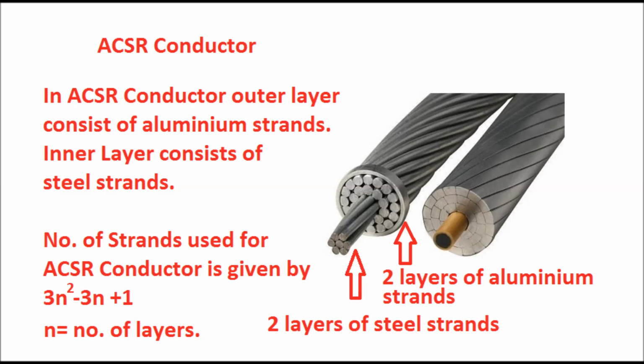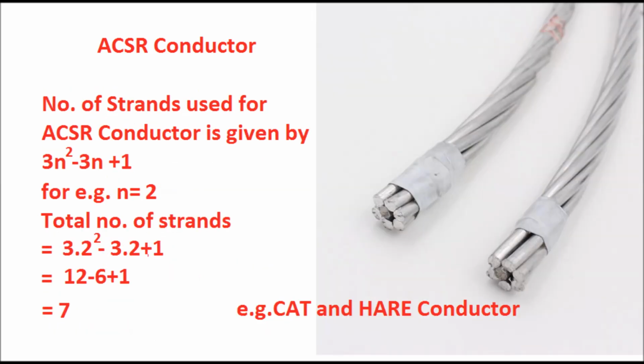The first layer has 1 strand, the second layer has 6 strands, the third layer has 12, and the fourth layer has 18. So 18 plus 12 plus 6 plus 1, a total of 37 strands are used. Now let us take another example where the number of layers is 2.